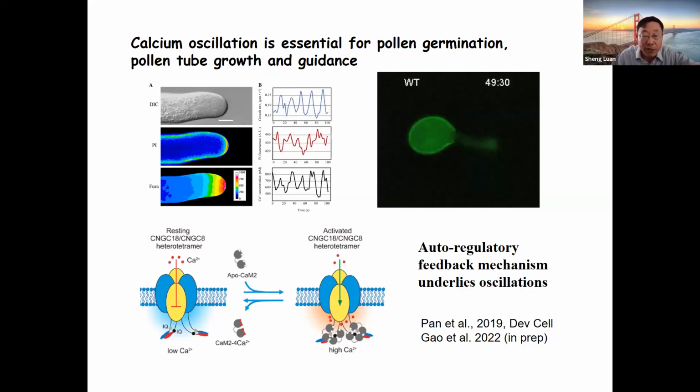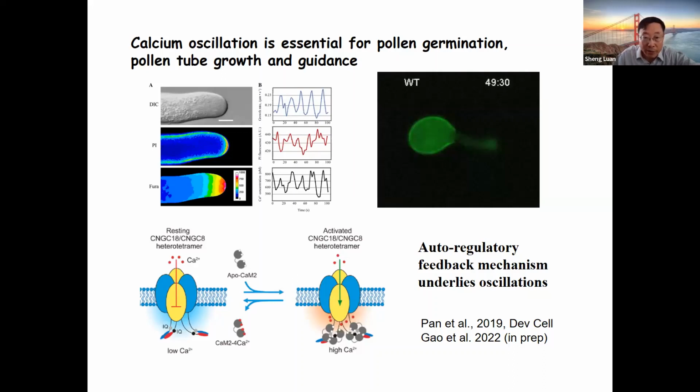But in this case, we discovered that another pair of CNGCs, there are 20 of those in Arabidopsis, interact with each other and are regulated by interacting with calmodulin, formulating this autoregulatory feedback.